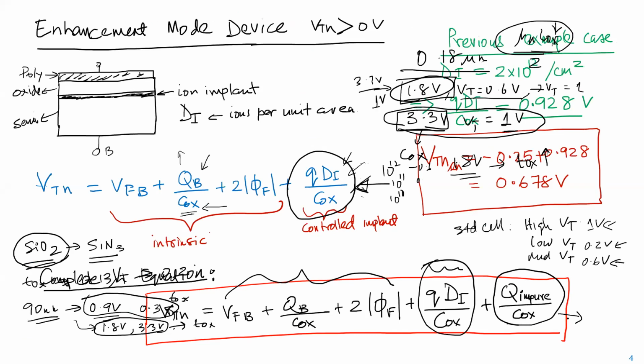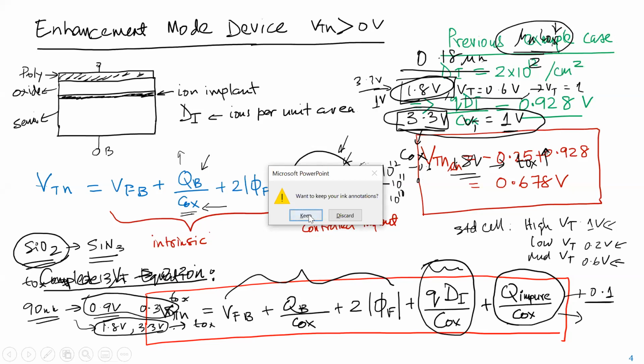If the charges are negative, then you apply another extra positive voltage to get over it. For example, if the positive charge was such that this required 0.1 volt, then on top of the VTN you already have, this will add another 0.1 volt, but you can always change that by changing this implant. I hope that answered the question.